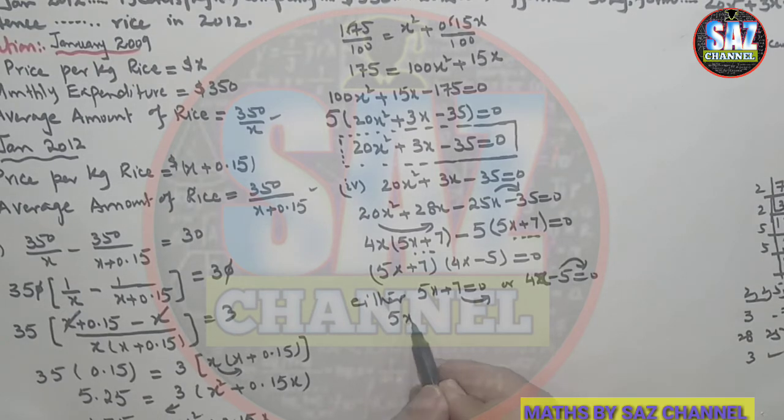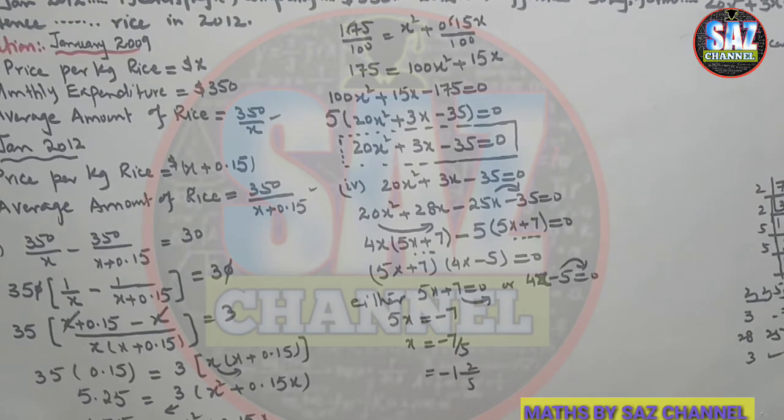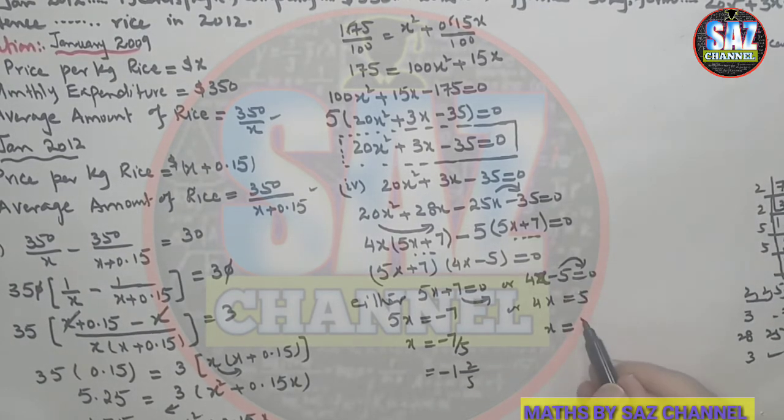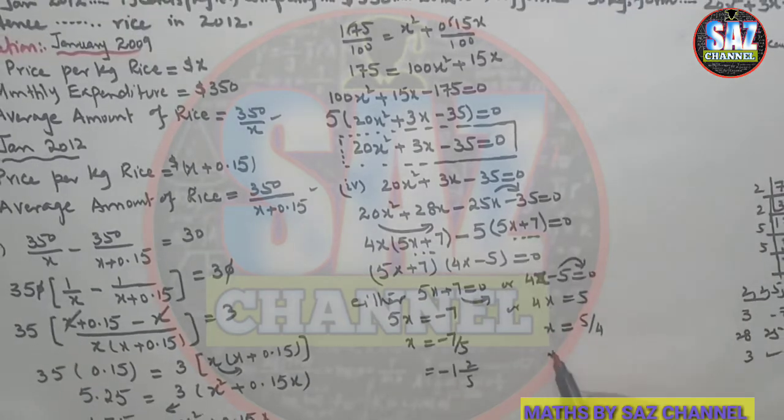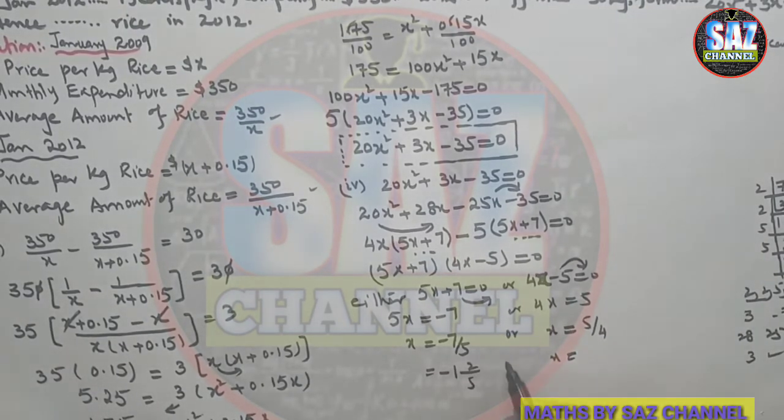This will give me 5x equals minus 7, x equals minus 7 by 5, or minus 1 whole 2 by 5, or 4x equals 5, or x equals 5 by 4, or x equals 1 whole 1 by 4.